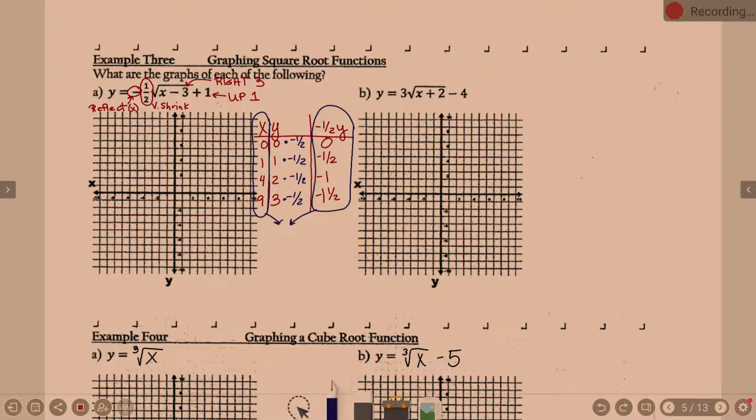Where do we have to move these points? Right 3, up 1. I'm just writing myself a note down here so you see. Graph, and then, once you graph those, then move right 3, up 1.